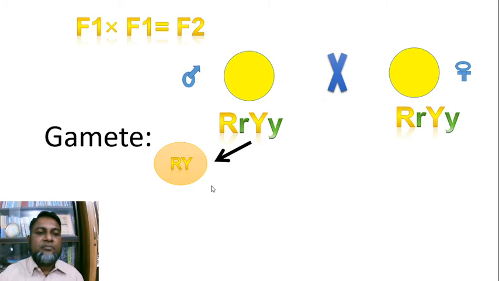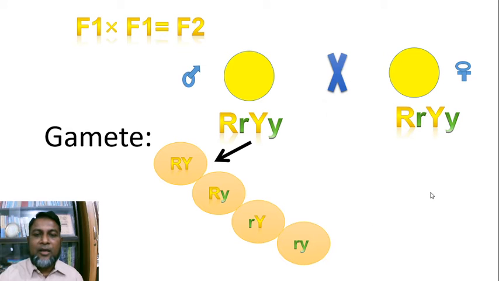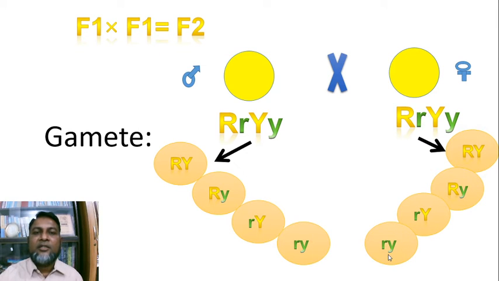The four types of male gametes are capital R capital Y, capital R small y, small r capital Y, and small r small y. Again, the four female gametes are capital R capital Y, capital R small y, small r capital Y, and small r small y.